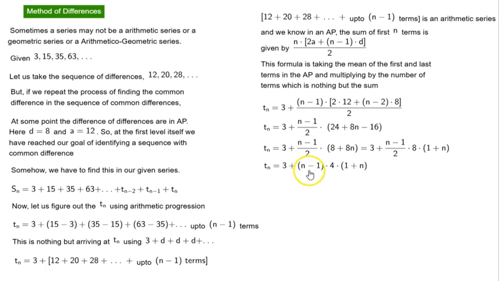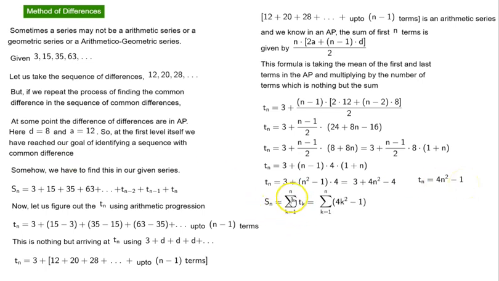So we have 3 plus n minus 1 times 4 times 1 plus n. Now we have n minus 1 times n plus 1, so we have n square minus 1 times 4, which is equal to 3 plus 4n square minus 4. And finally, we get the nth term in the simplest form, that is 4n square minus 1.